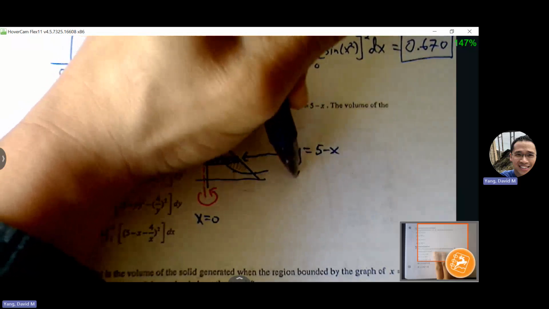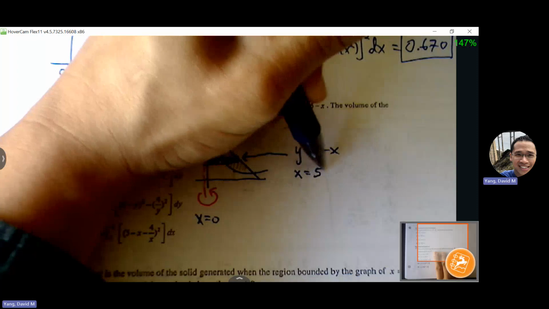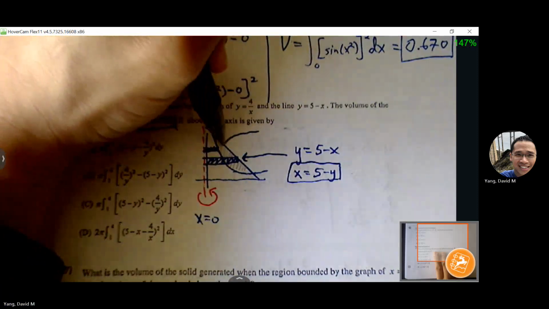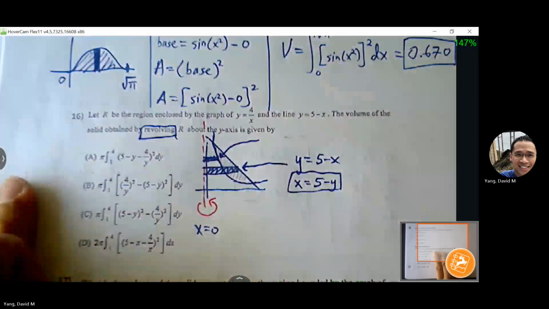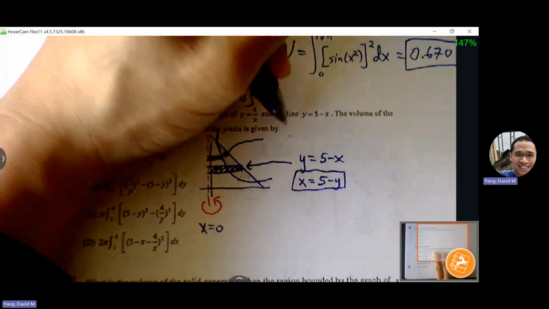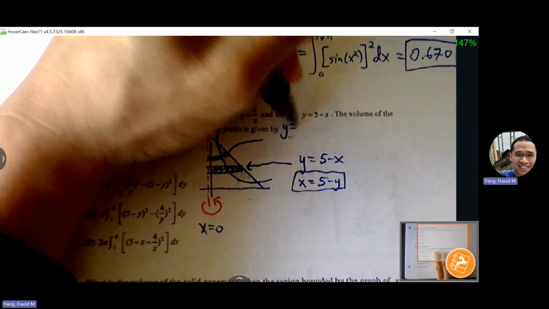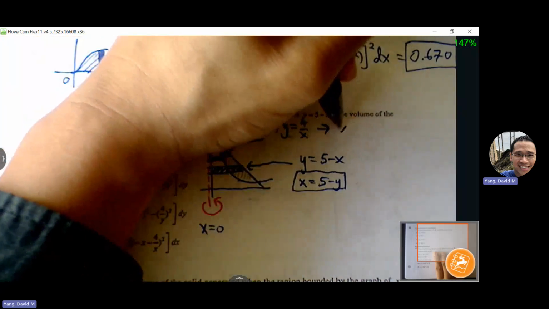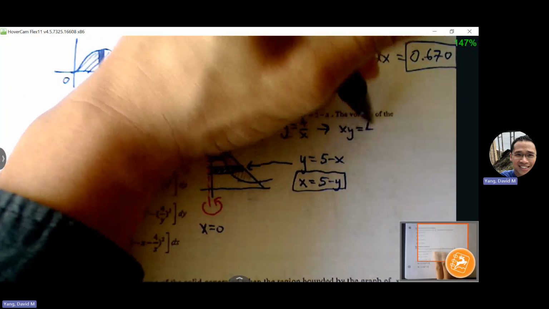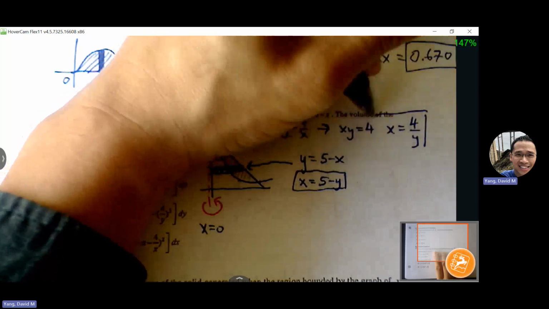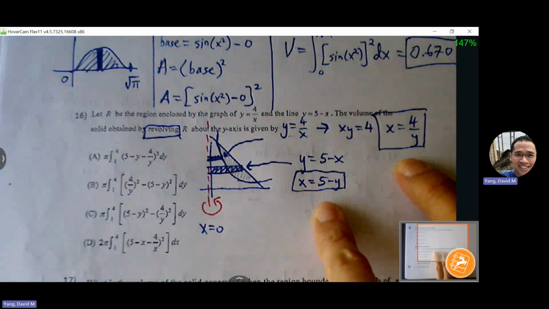If I solve for x, I get x equals 5 minus y. And then the curve, it is y is equal to 4 over x. If I cross multiply and then solve for x, I get xy is equal to 4. x is equal to 4 over y.